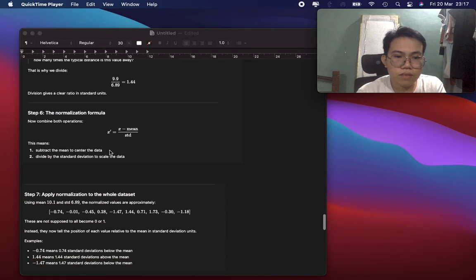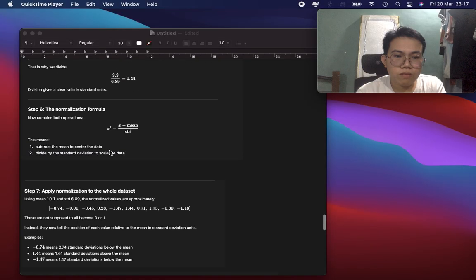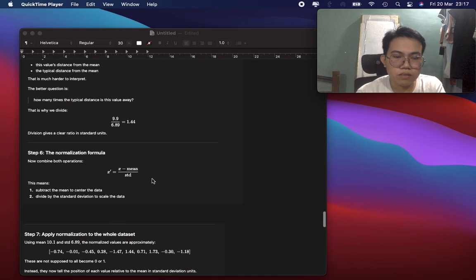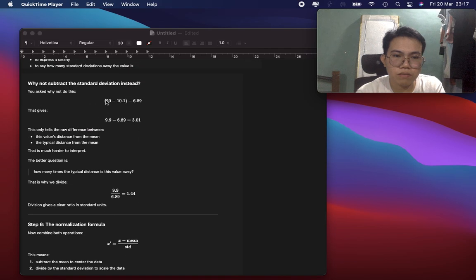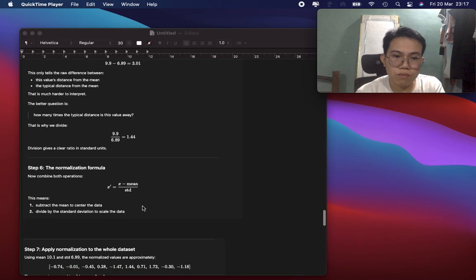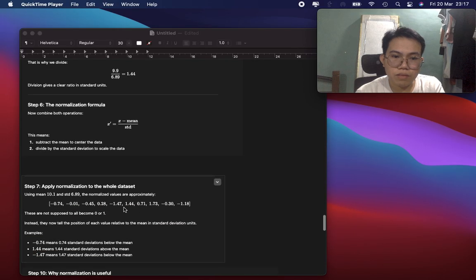Again, this is the formula. We apply the same process, the standard deviation formula, like what we did with the specific value 20 to get the 1.44, to the other values in the data set, to all 10 values.